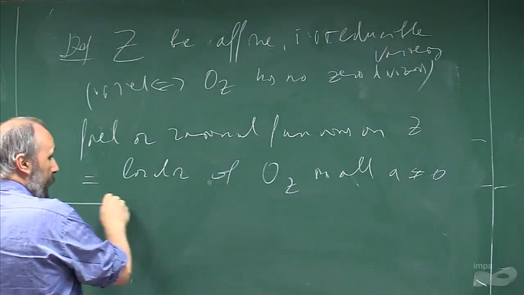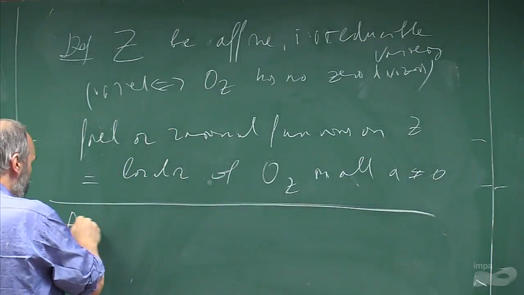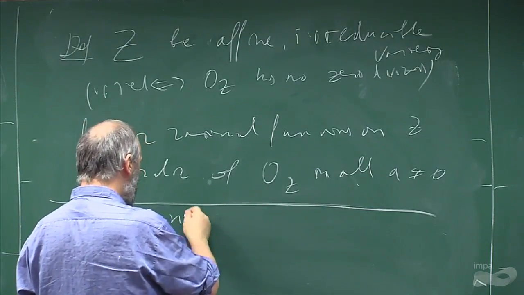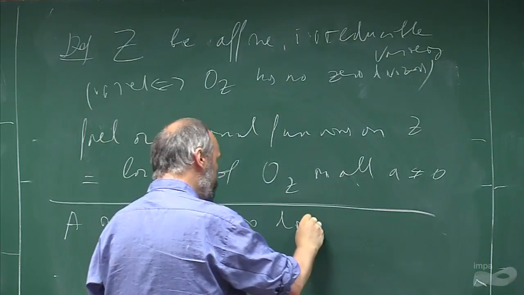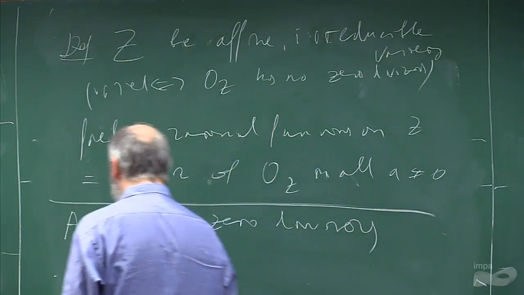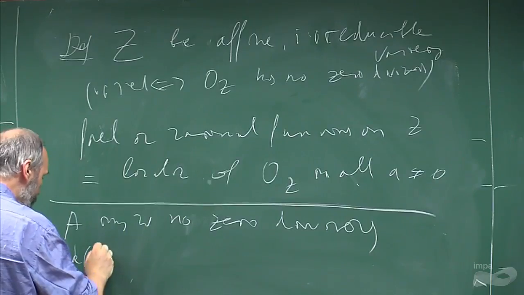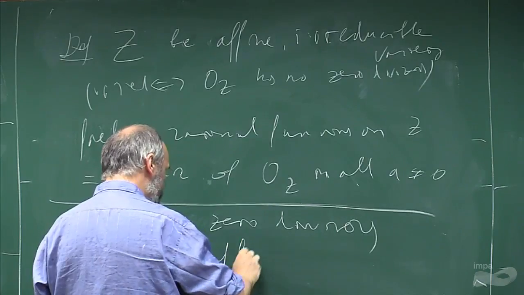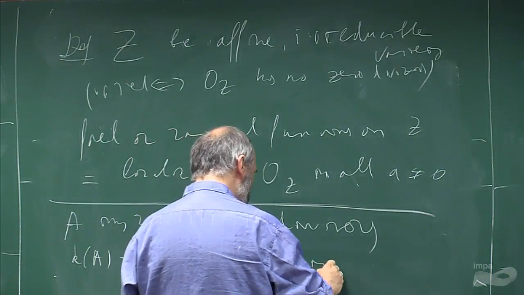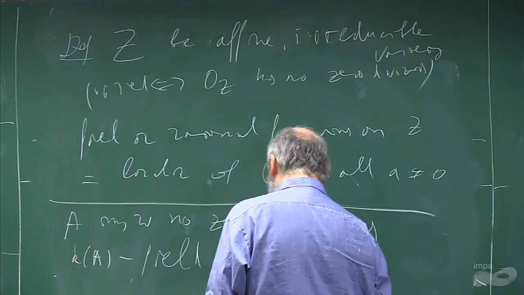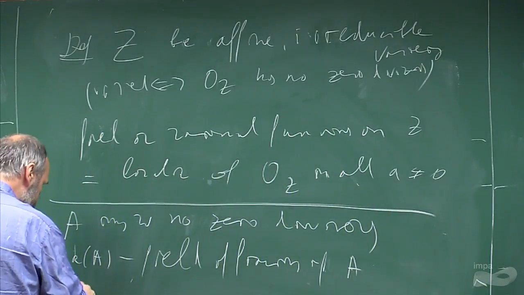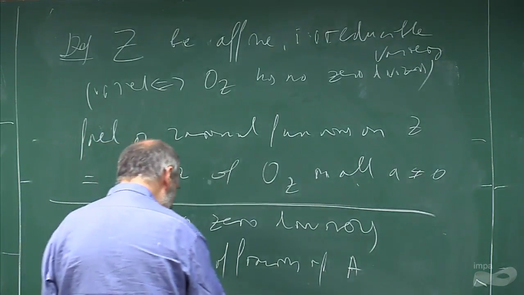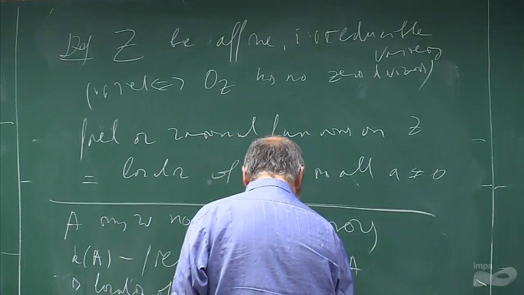Generally, you can define the field of fractions: if A is a ring with no zero divisors, then K of A, the field of fractions of A, is the localization of A in all A which are non-zero.